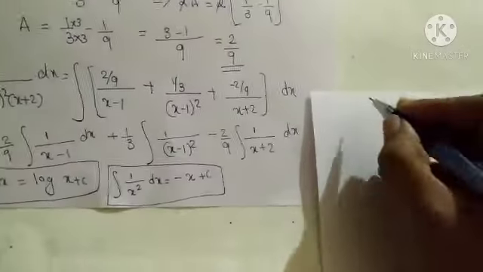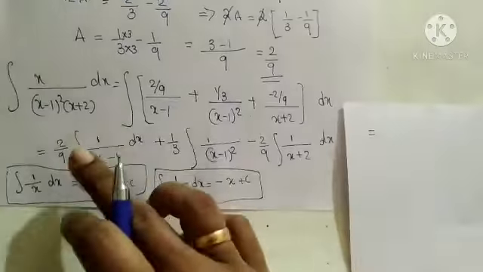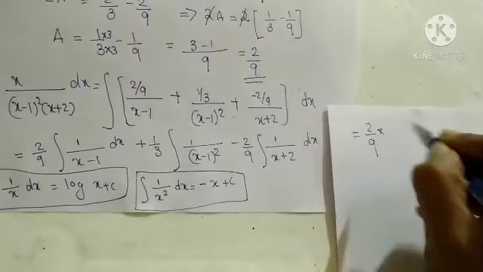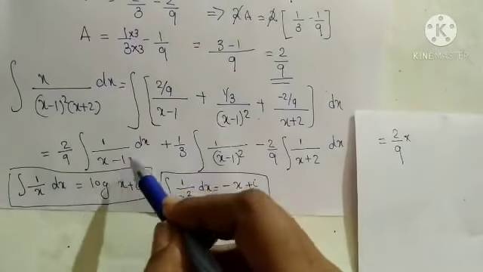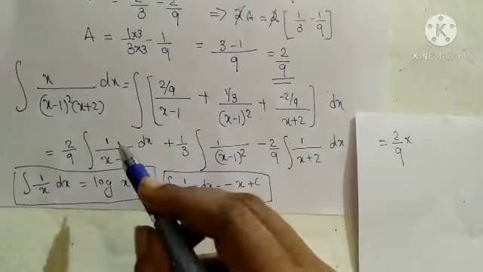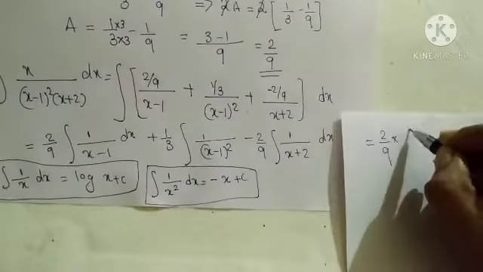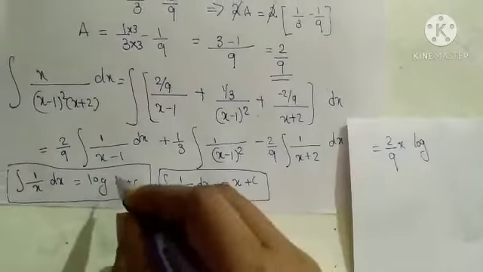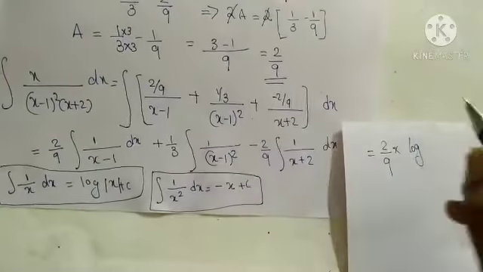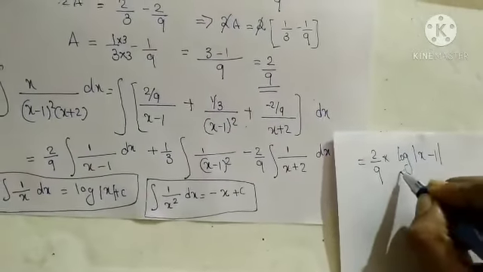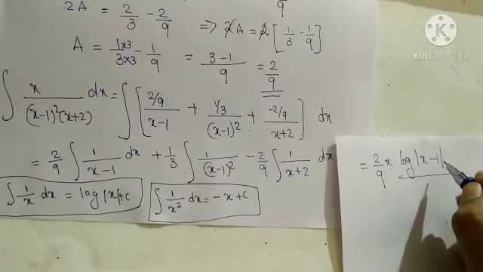So the first integral equals 2 by 9. First I am going to write this constant here, and the integral 1 by x minus 1 dx will become, replacing this x by x minus 1, log, also write a mod here, log mod x minus 1, and here x minus 1 is another function.